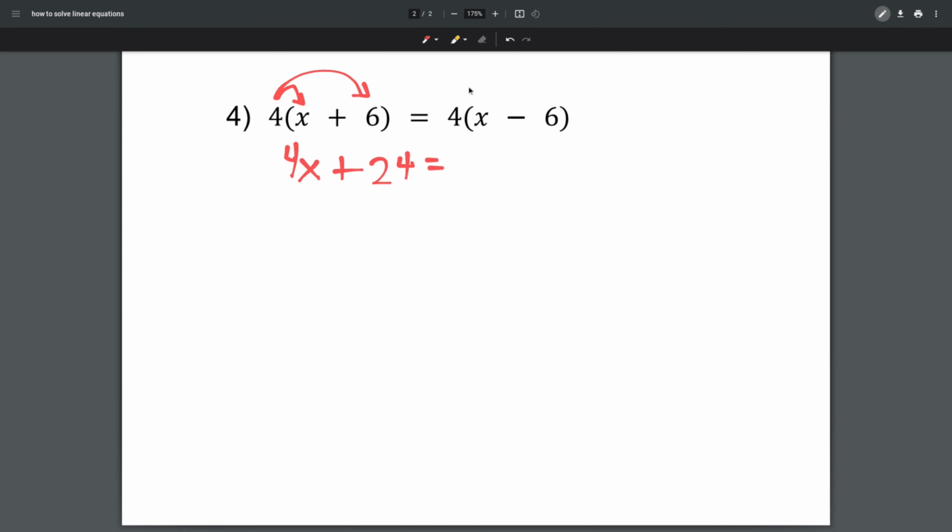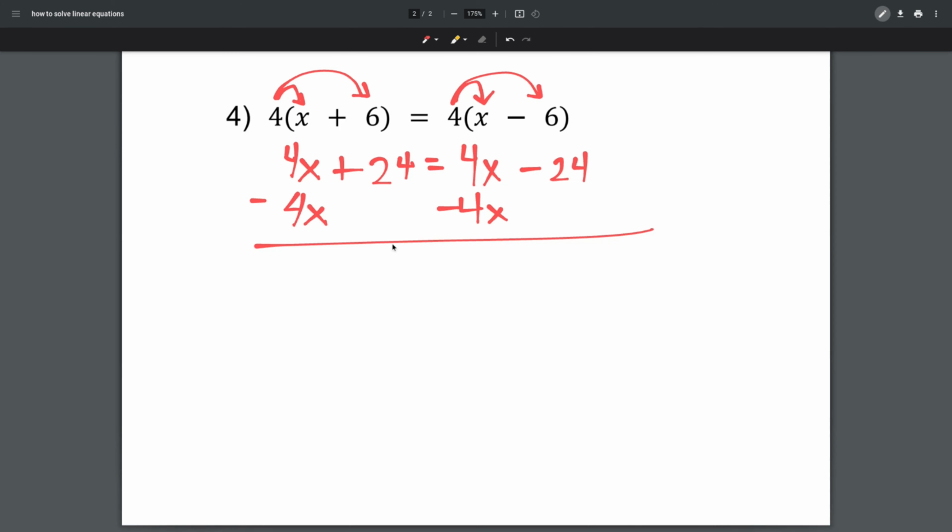And then here we've got 4 times x, which is 4x, and 4 times negative 6, which is minus 24. So if we subtract 4x from both sides, well, when I have the same thing on both sides, I can just get rid of it. And then we come up with an interesting case here. These will cancel out, these will cancel out. We'll get positive 24 equals negative 24.